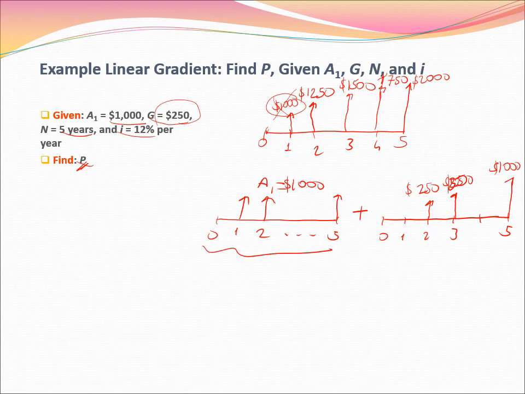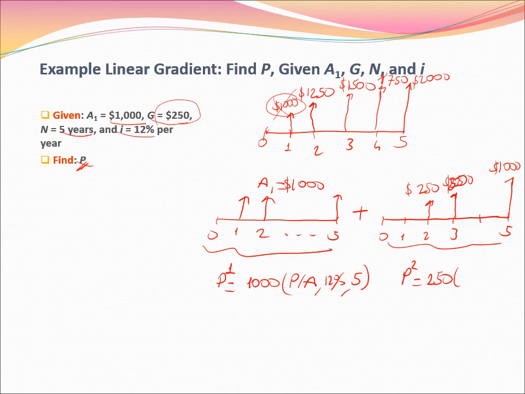And for this one, I know the present value, which will be equal to A times P given A, 12% and 5. Let me say this is P1, the present value of the first cash flow. And the present value of the second cash flow will be 250, which is G, times P given G, 12% and 5 periods.